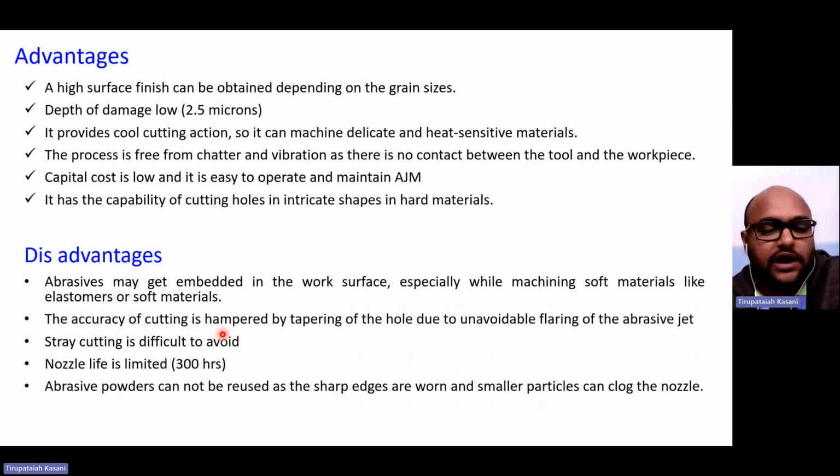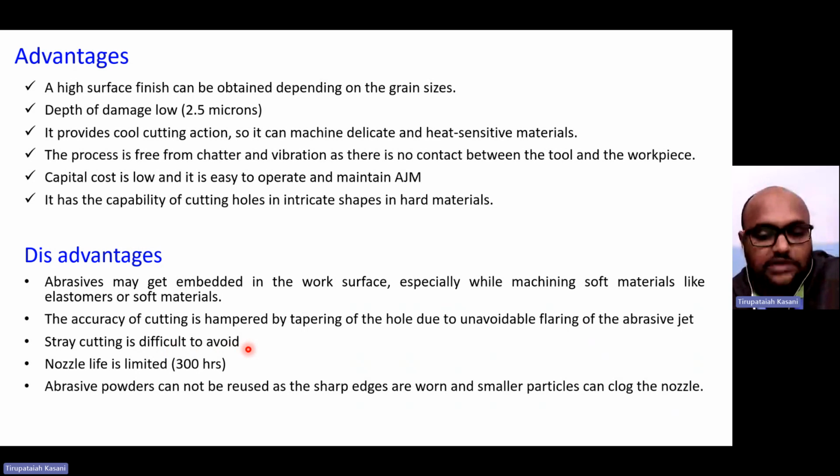The accuracy of cutting is altered by tapering of the hole due to unavoidable flaring of the abrasive jet. Flaring of the abrasive jet means the enlargement or divergence of the stream from the nozzle tip downwards. And the stray cutting is difficult to avoid.